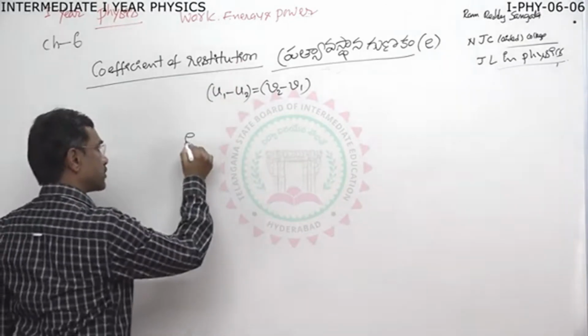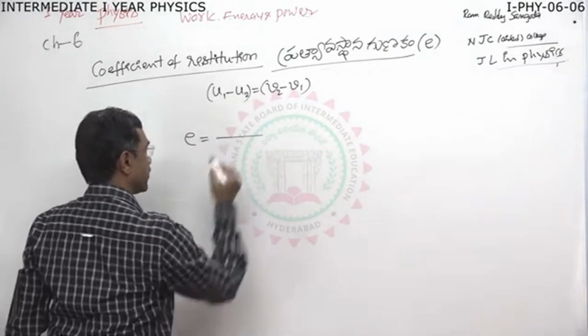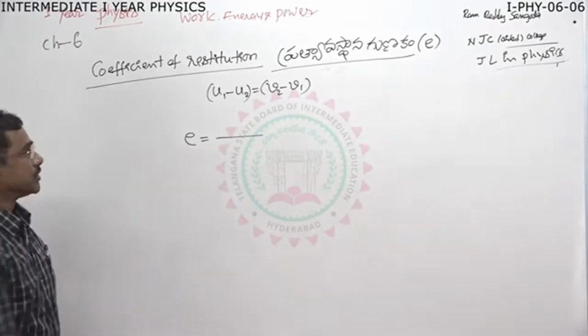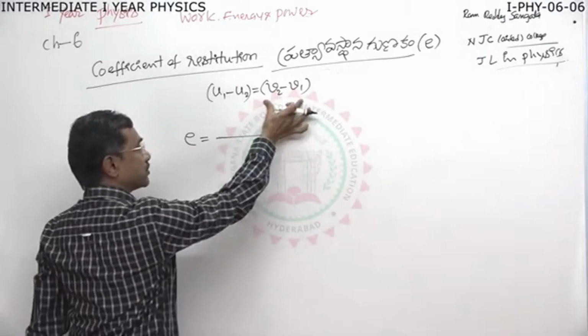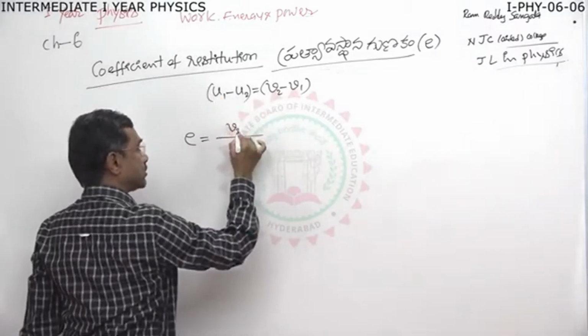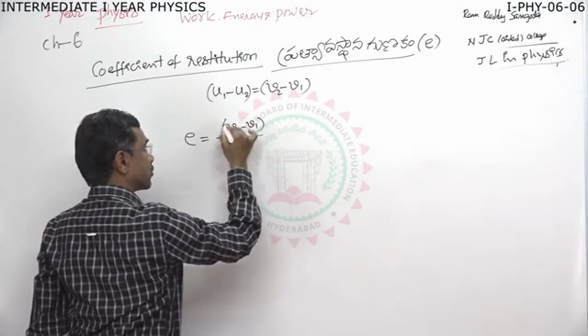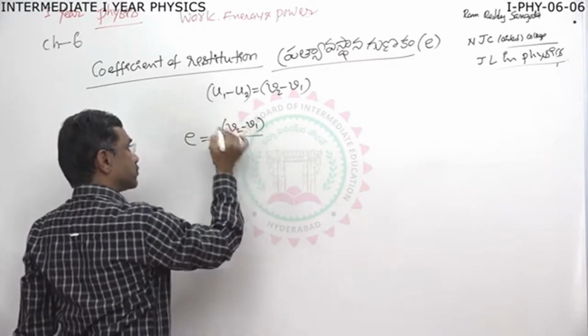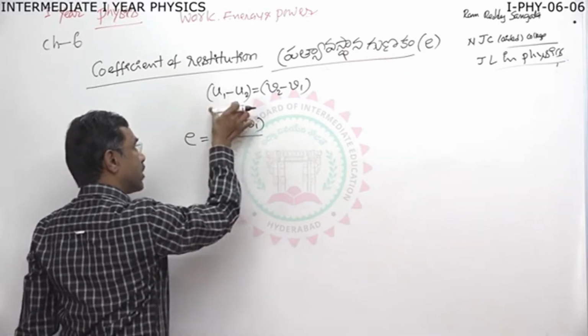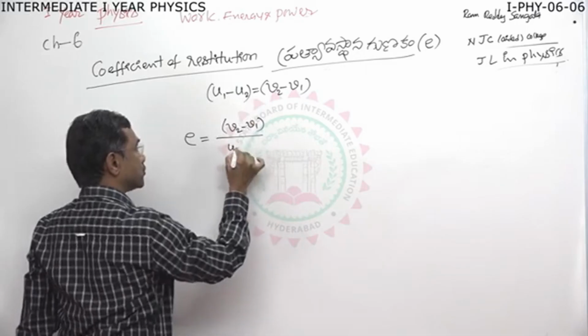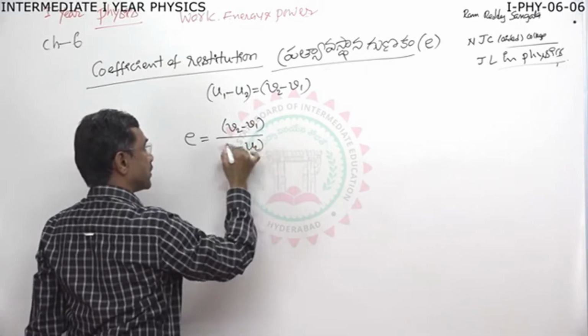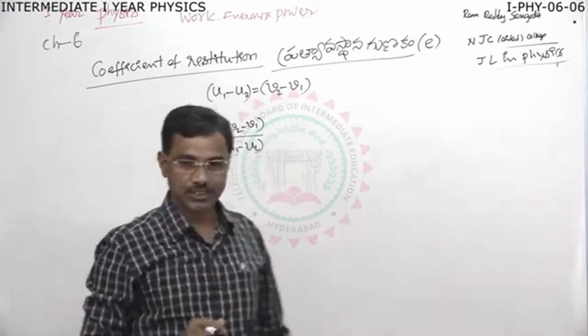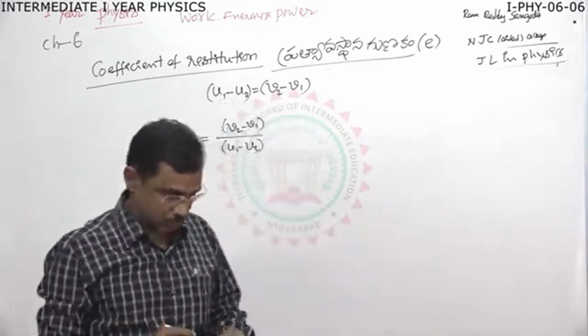The coefficient of restitution by definition is defined as the ratio of the relative velocity of separation after collision to the relative velocity of approach before collision, u1 minus u2. Be careful here, don't change the order. If it is incorrect, you lose the marks.